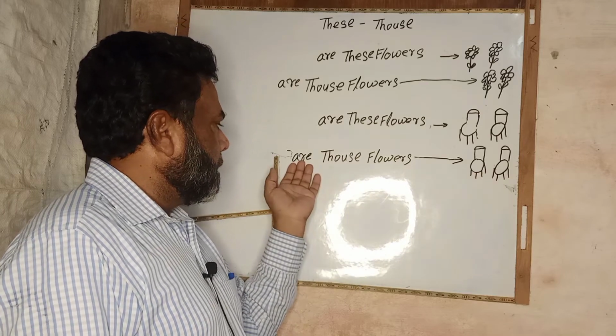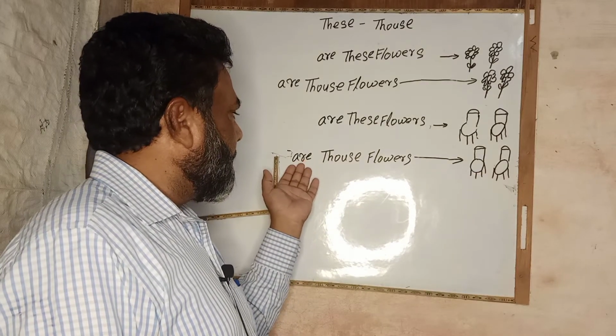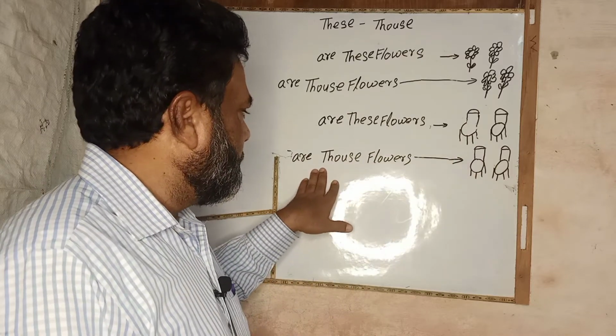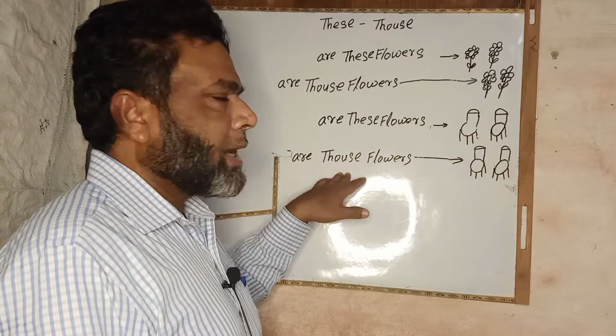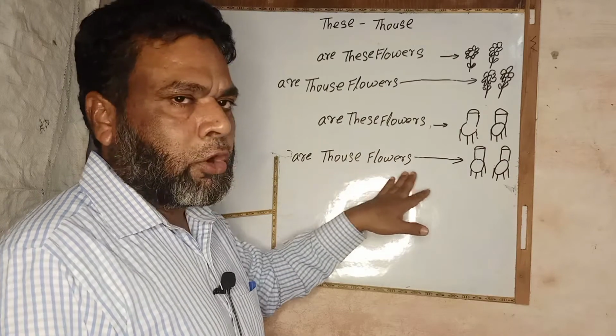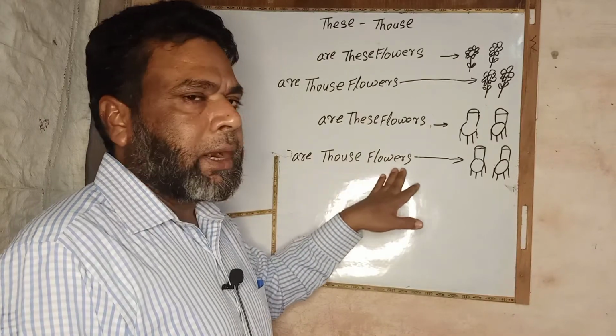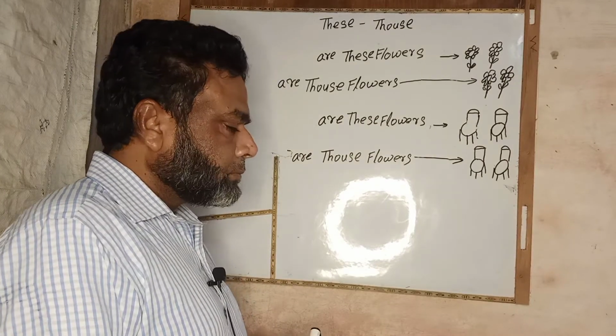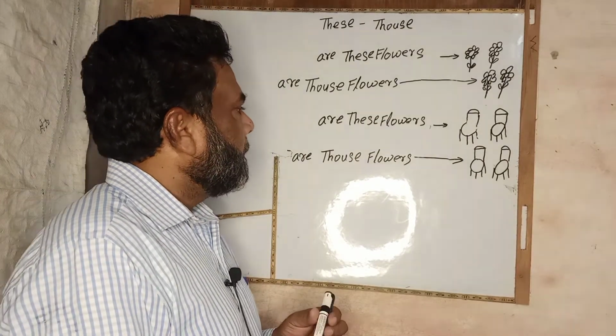So our sentence is: are those flowers? The answer is no, those aren't. Those are not. Okay, those aren't.